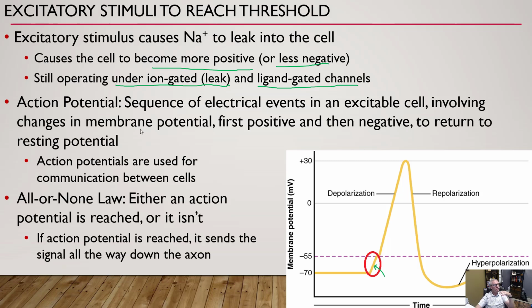Now, just some more definitions before we get to the next slide. We have these things called action potentials, which I've mentioned before. Basically, it's a sequence of electrical events once we excite the cell. We're going to change that cell membrane, first positive, then negative, to return to its resting potential.